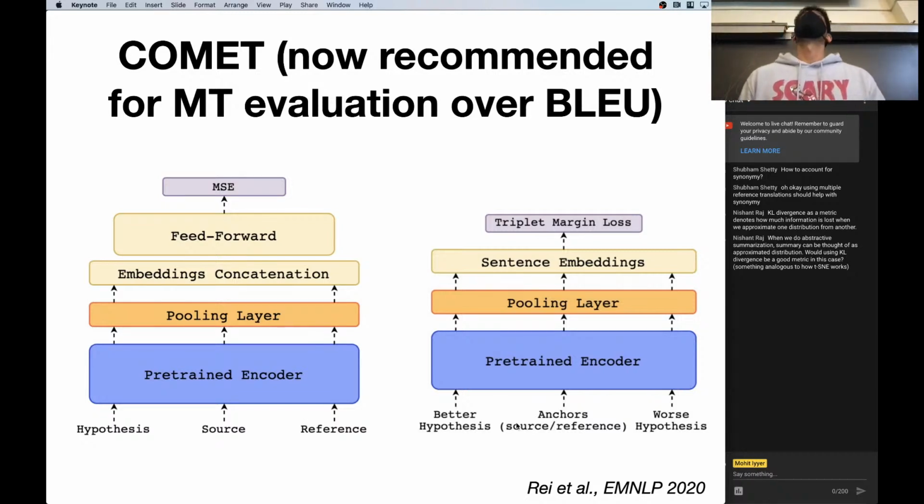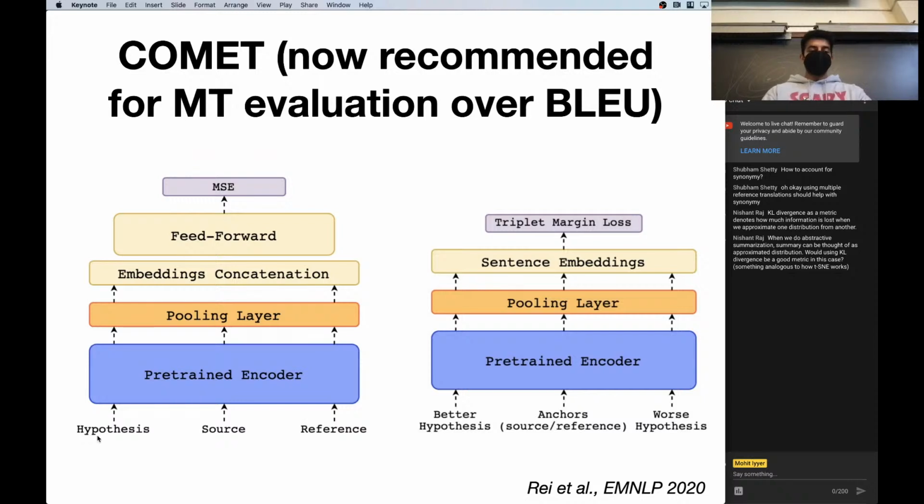If you remove, say, the source, how is it different from a sentence similarity model? Well, the difference is just in the data, right? Here I have fine-tuning data that's provided by expert translators or annotators on how similar or how adequate or fluent this hypothesis is compared to this reference, and they did that scoring with access to the source sentence as well.